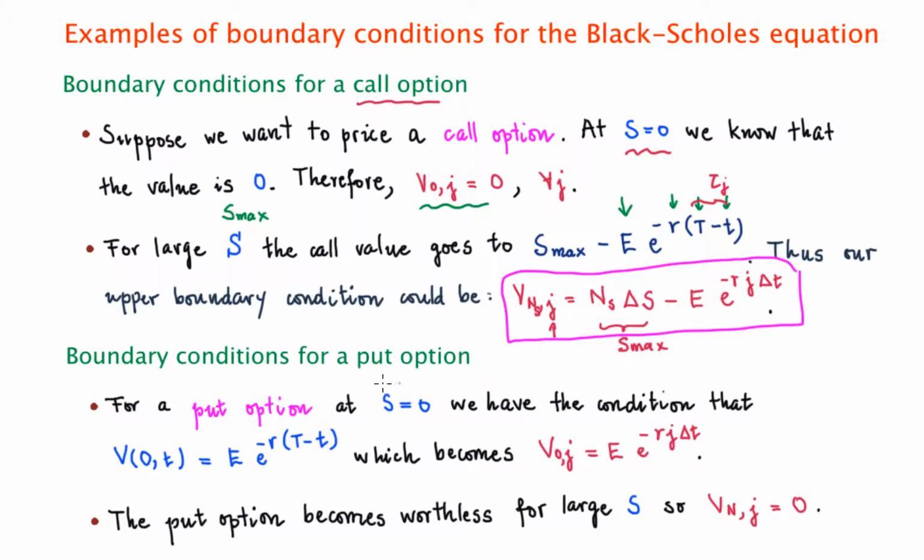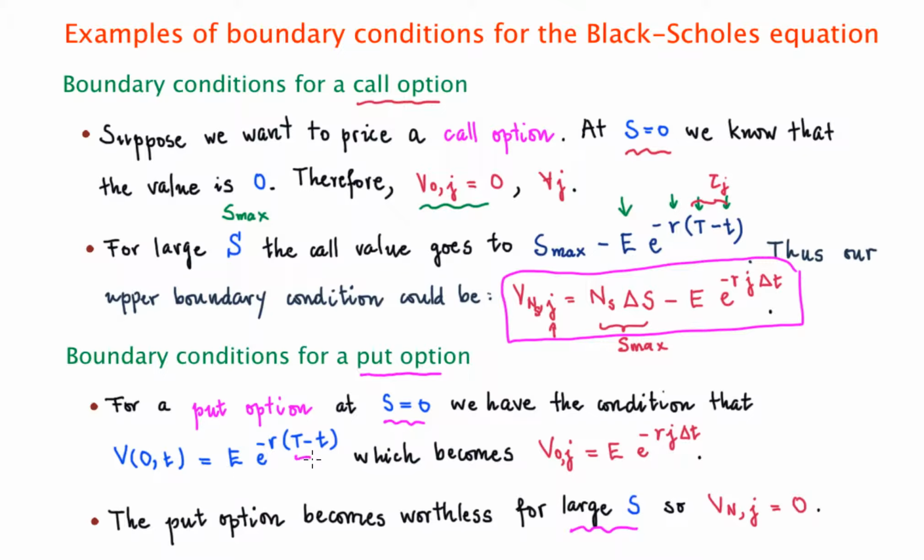Similarly, we can have the boundary conditions for the put option. In this case, we're also going to analyze the boundary conditions both for S equals 0 and for large values of S. First, for the put option at S equals 0, it means that we are going to exercise the option. So for any time, the value of the option evaluated at S equals 0 will be given by the discounted exercise price.